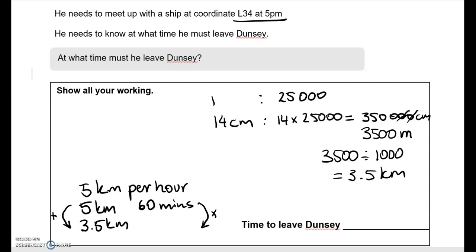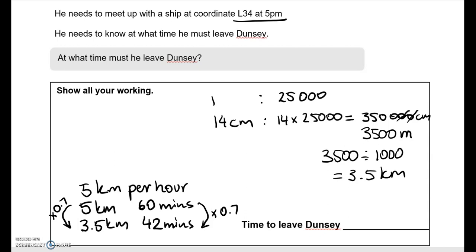So we'll do that by dividing 3.5 divided by 5 gives us 0.7. So 5 times 0.7 gives us 3.5. We do the same on the other side, so 60 times 0.7 gives us 42 minutes.